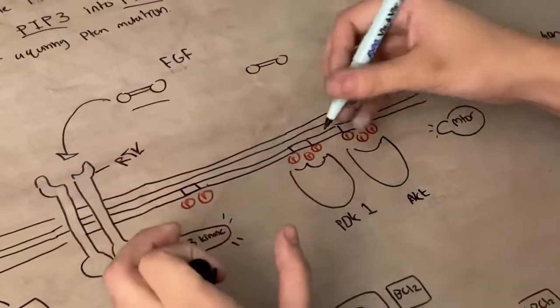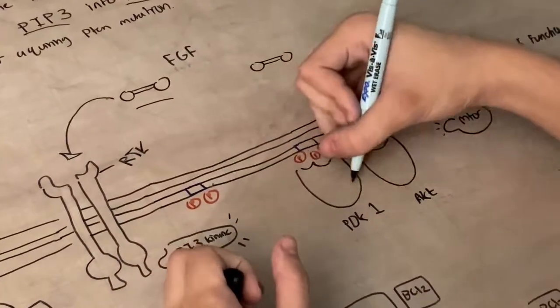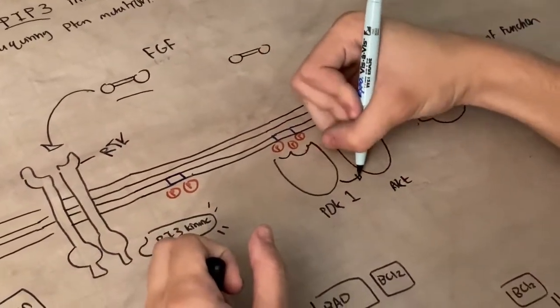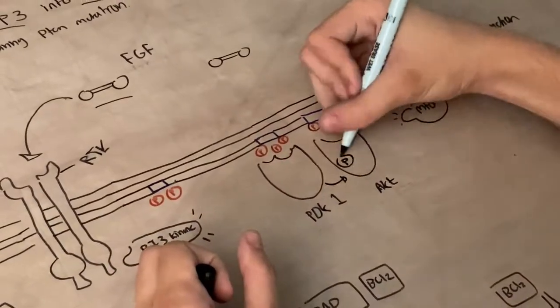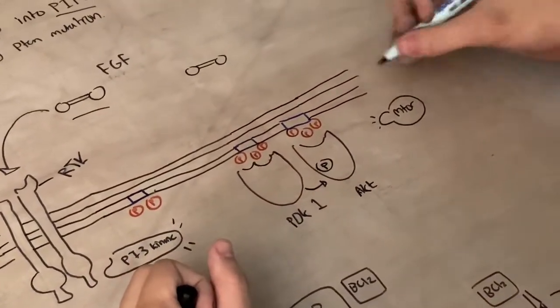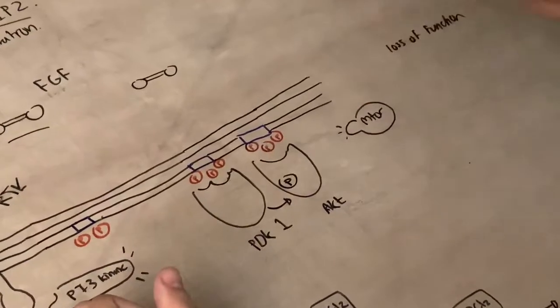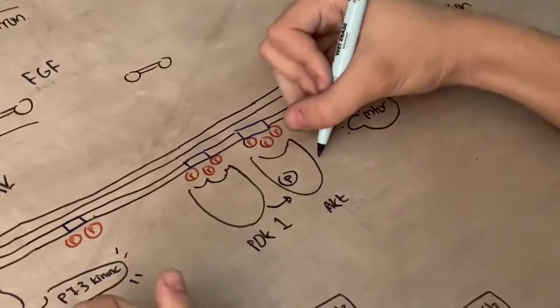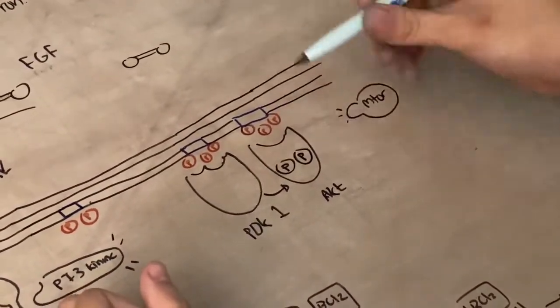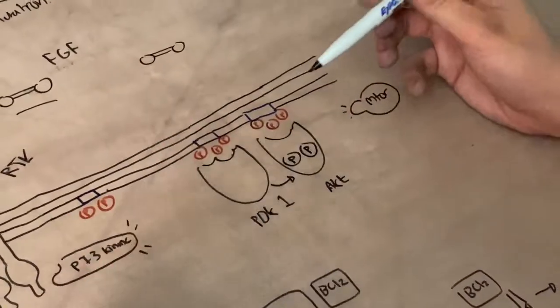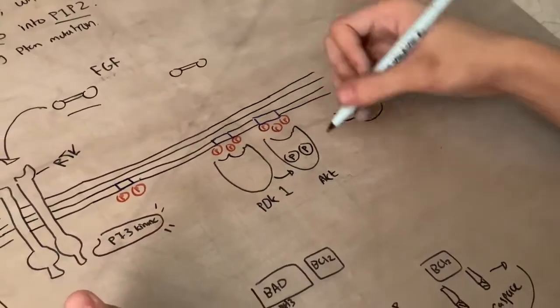When it brings them up and it binds, it phosphorylates this. Let's draw a P here to signal that it's been phosphorylated. And this protein, which is floating in the cytosol, phosphorylates this again. When it's double phosphorylated, this detaches from the membrane.